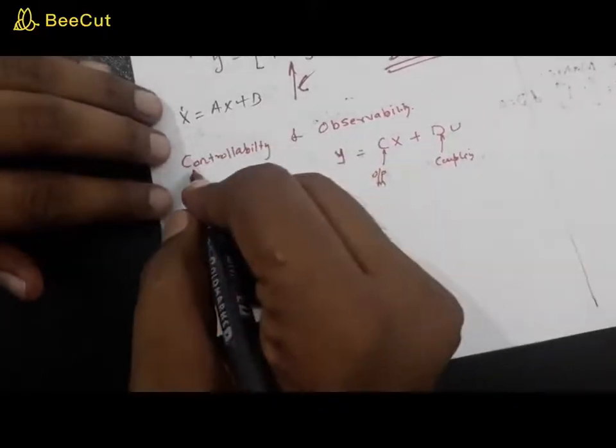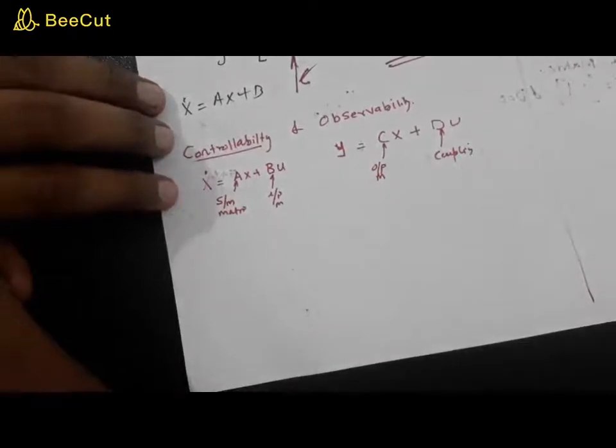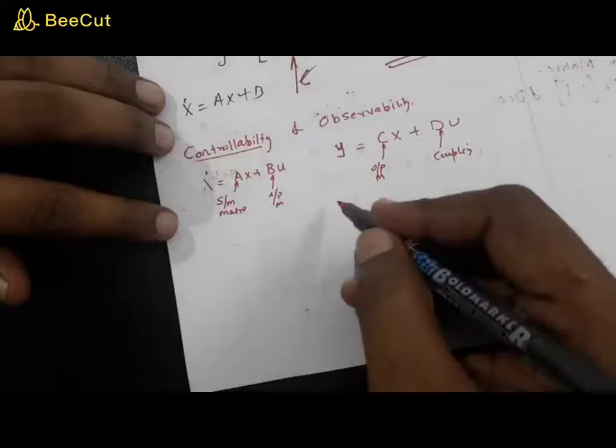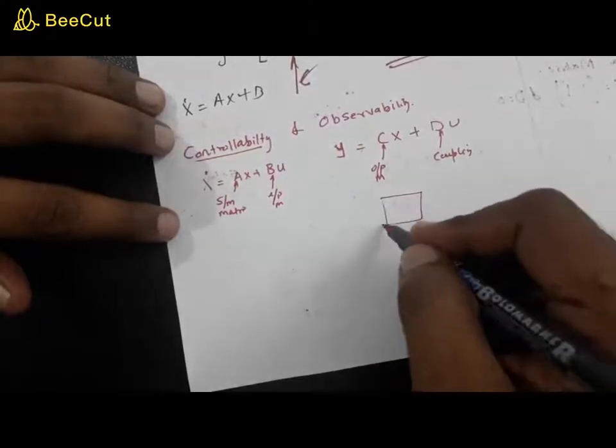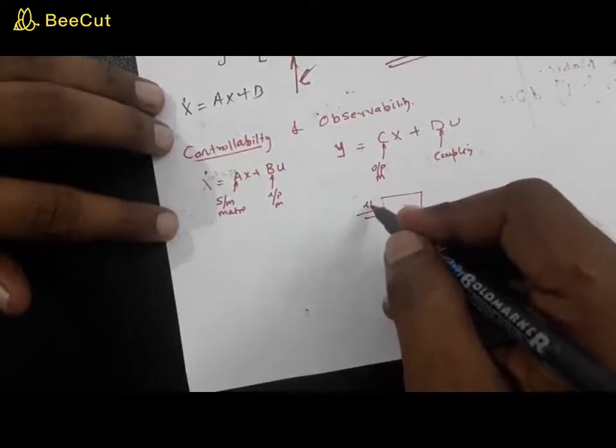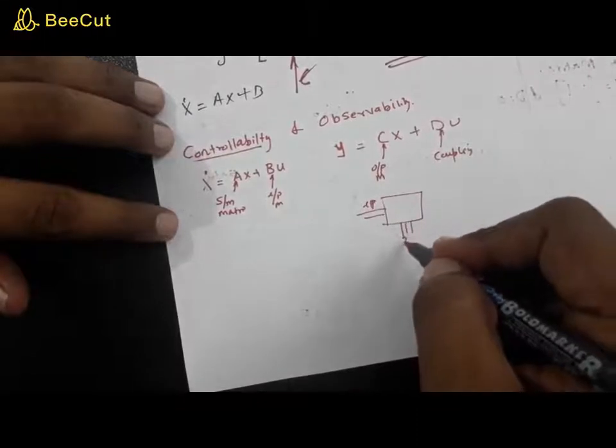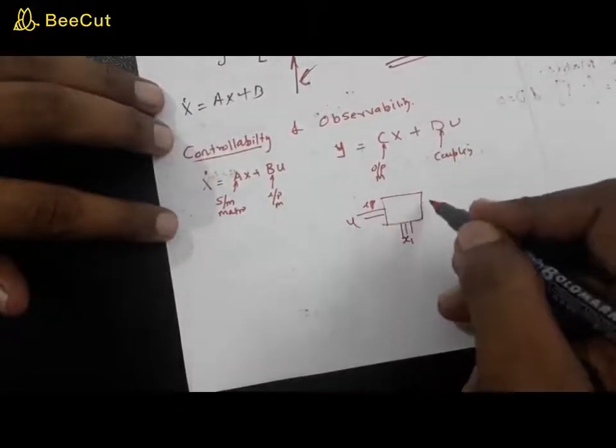Now let us see the meaning of controllability. In a very layman language, it is just the ability to control. Say you have a system with the input u, some states x1, and this output y.